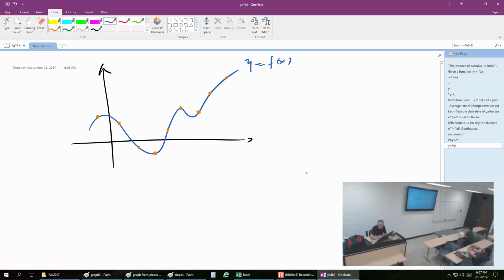Then I will collect information over here, corresponding to each of these axes. I will bring it down onto the x-axis again, but what I will be collecting information about will be slopes.